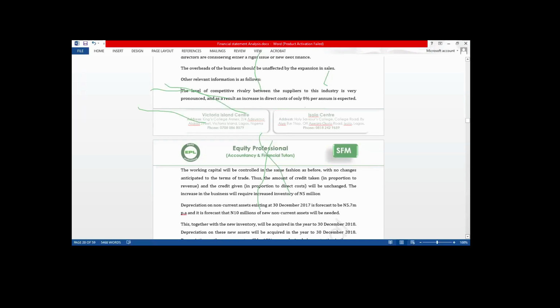This, together with the new inventory, will be acquired on 30th December 2018.